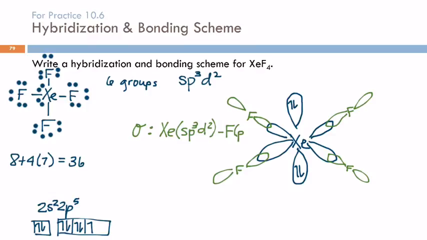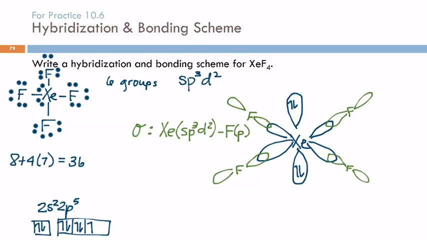Just an unhybridized p orbital. So it's a dash: xenon sp3d2 dash F p. It's the p orbital on the fluorine and an sp3d2 orbital on the xenon. Each of them is the same, so you don't have to label it 4 times.